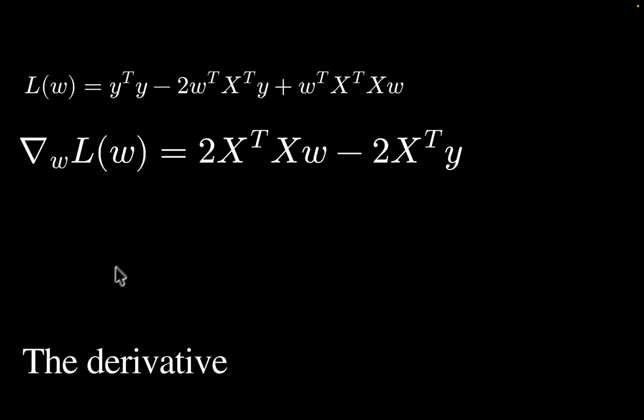Next we take the derivative of it. Let's take the derivative with respect to w of all the terms we have here. The derivative with respect to our parameters w of y transposed y is 0. We don't care about that. The derivative of the cross term is negative 2 x transposed y, because we work with transposed matrices when talking about the derivative, just like x in an ordinary derivative.